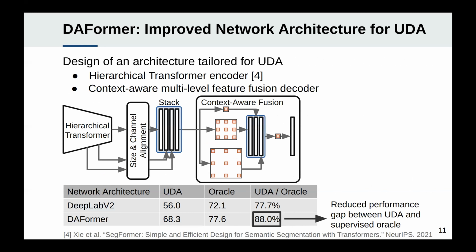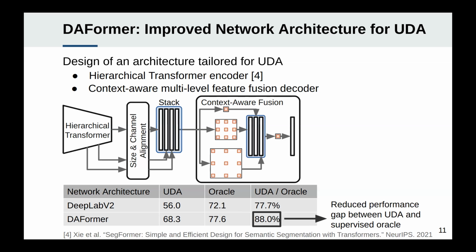The idea is that we get the feature pyramid from the encoder, and when we fuse the different features, we also want to look at the context using dilated convolutions. That is important for domain adaptation because context relations in an image are usually more domain robust. Generally speaking, when you simulate your data, sidewalk is always beside road, cars are driving on road, and these kinds of things are usually domain robust.